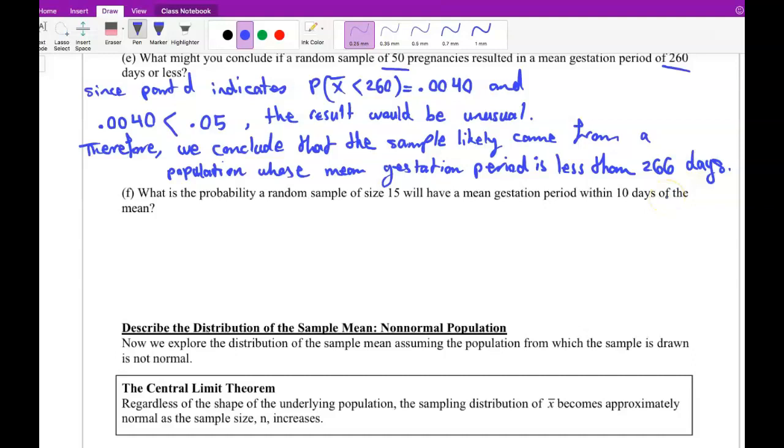Okay, then part F, what is the probability a random sample of size 15 will have a mean period within 10 days of the mean?